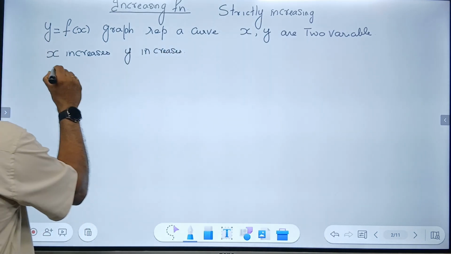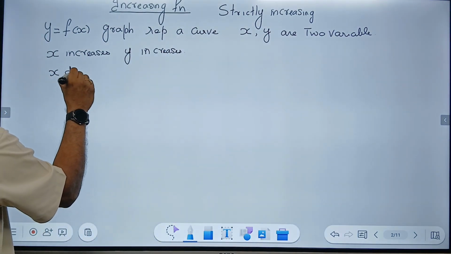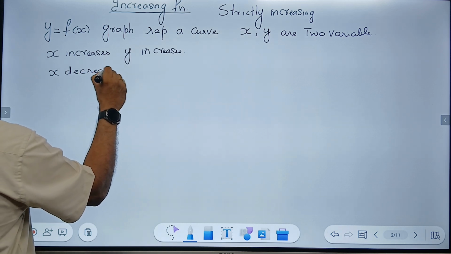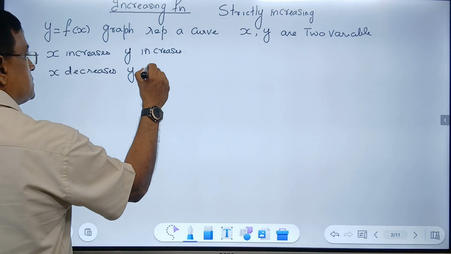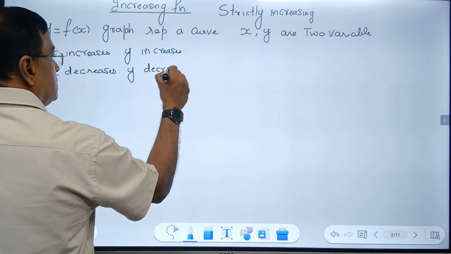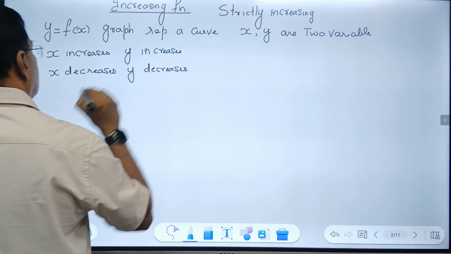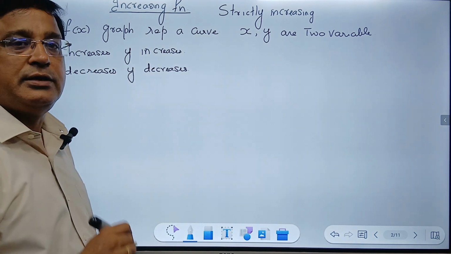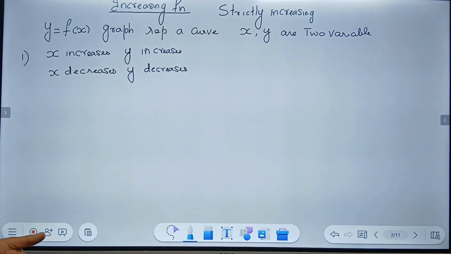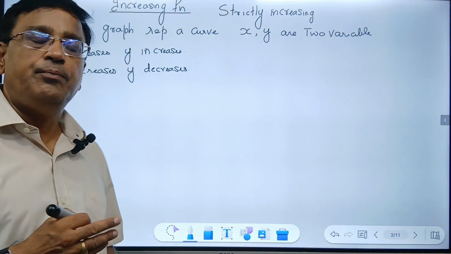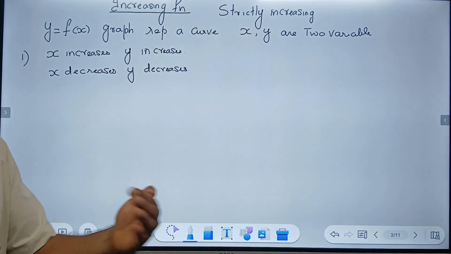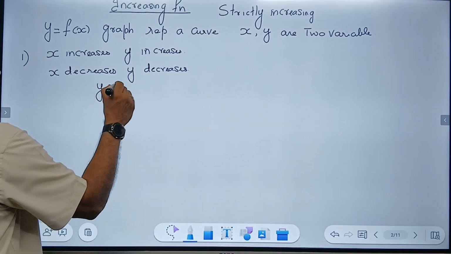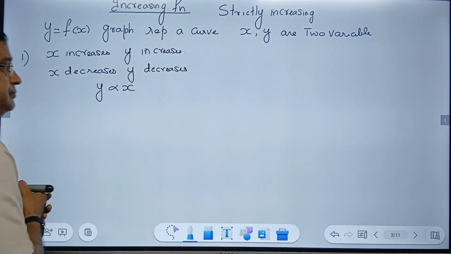Or when x decreases, y also decreases. This is one way of defining an increasing function. The increase in x corresponds to increase in y, or the decrease in x corresponds to decrease in y, or you can say x and y are directly proportional to each other.